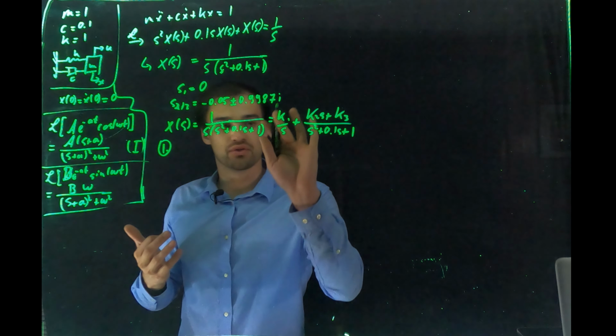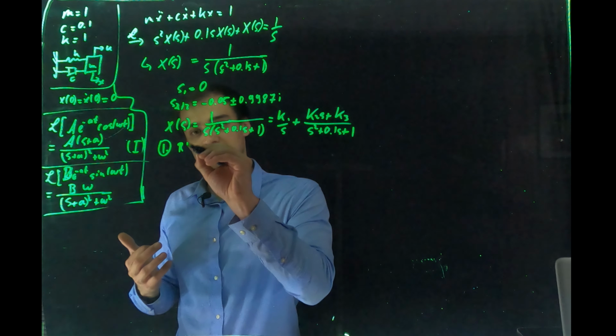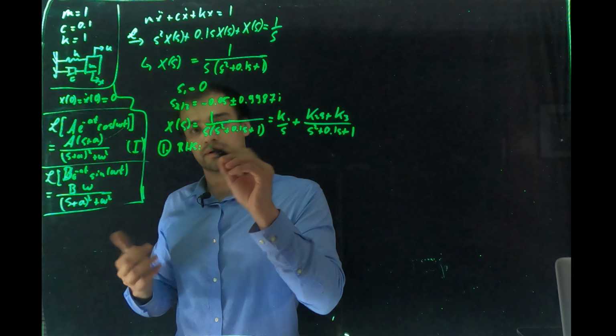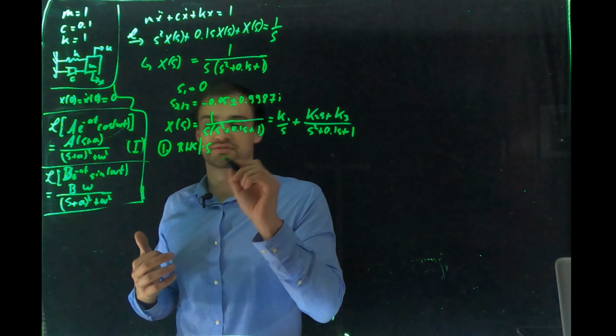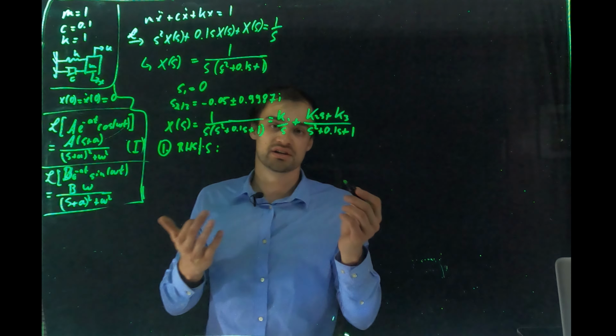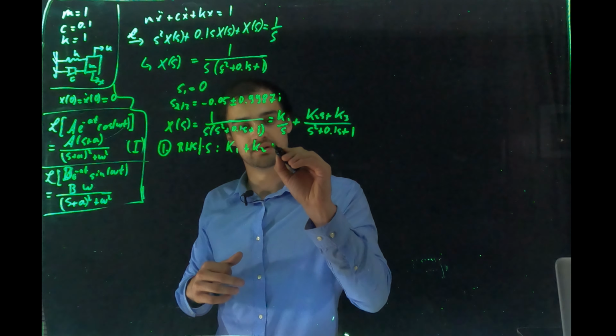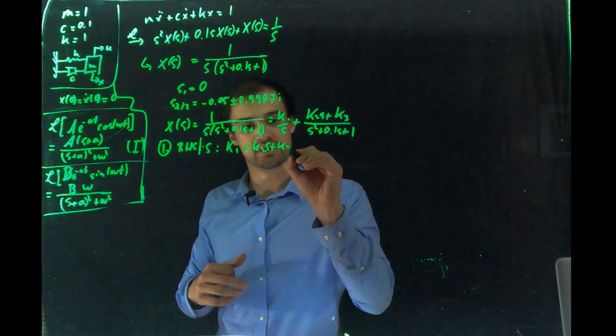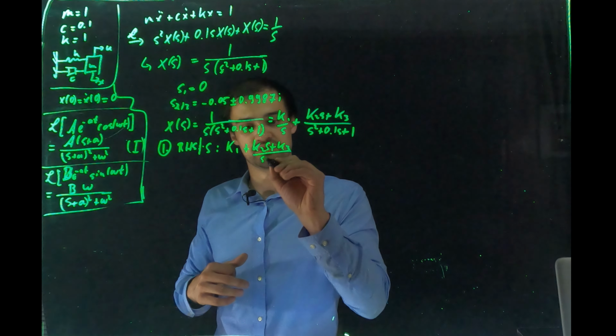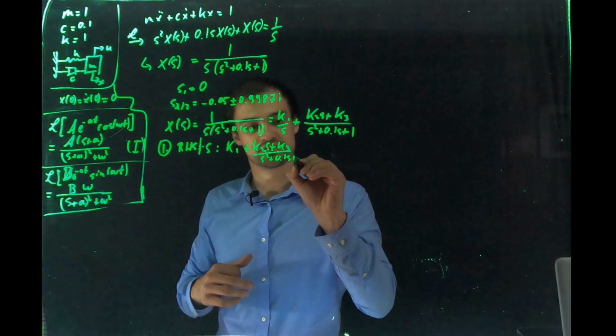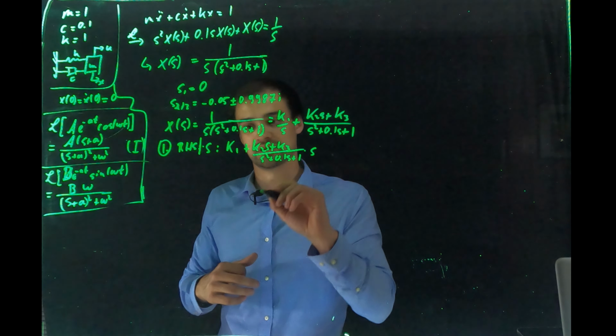So I'm just writing out the right hand side now on this. So right hand side multiplied by s. This results in k1 plus k2s plus k3 s squared plus 0.1 s plus 1 multiplied by s.